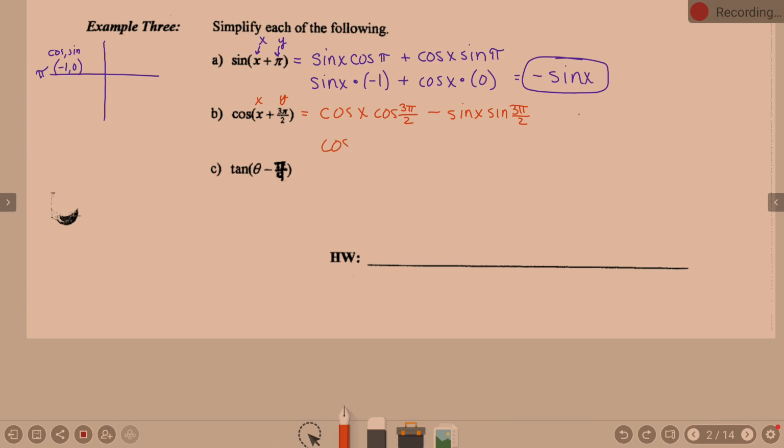Well, cosine of x, I don't know. What about cosine of 3 pi over 2? 3 pi over 2 is another one of our quadrantals, isn't it? 0, -1. So cosine of 3 pi over 2 is going to be 0, minus sine x times sine of 3 pi over 2, which is going to be -1.